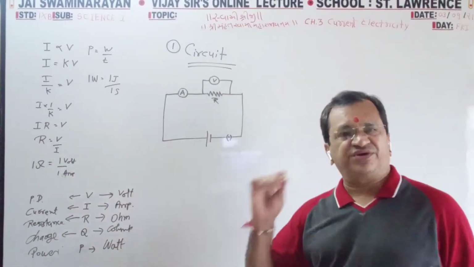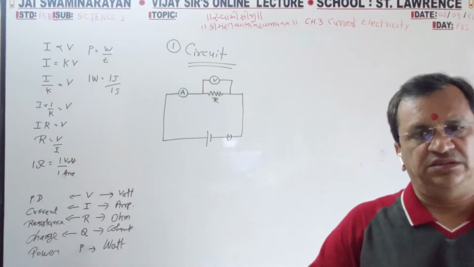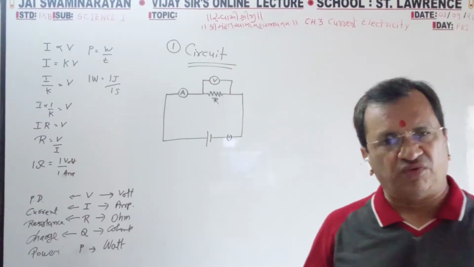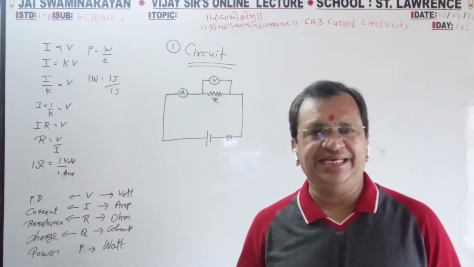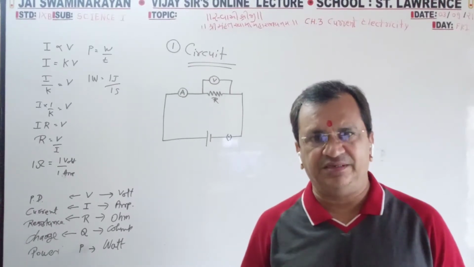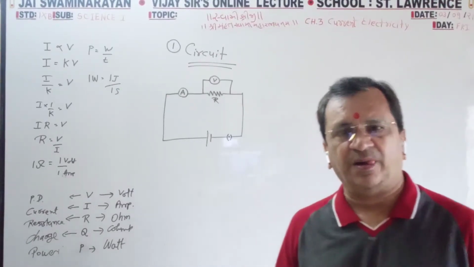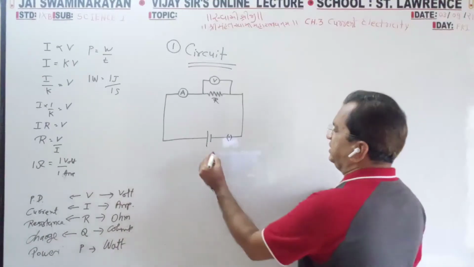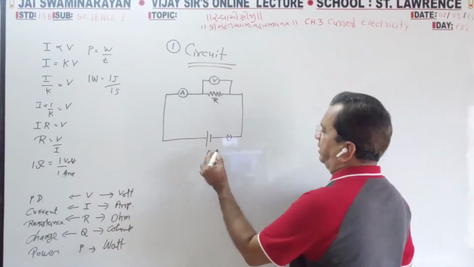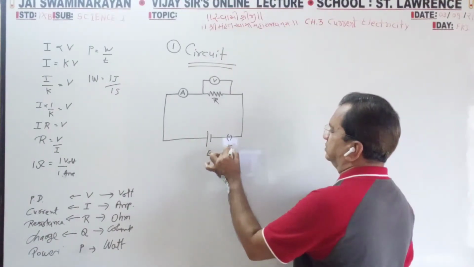R stands for resistance, V stands for voltmeter, A stands for ammeter, E stands for battery, K stands for switch.